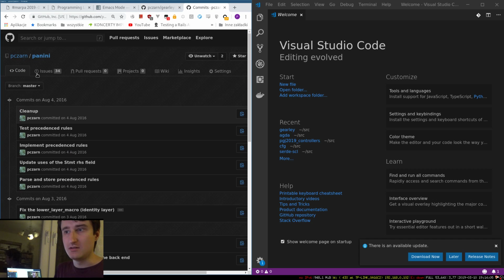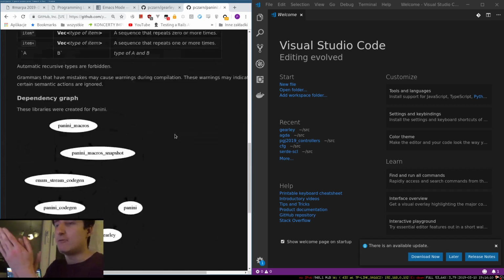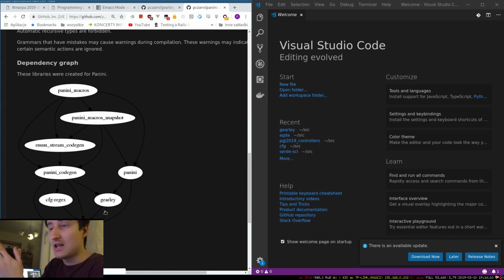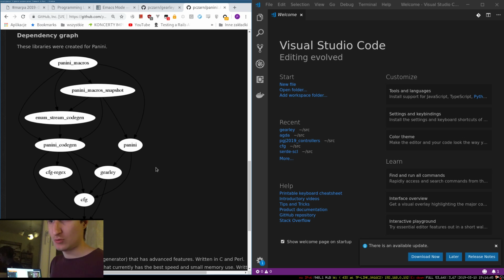What's next? This is not the only package here, because what I showed you right now was GRE, which is the engine, the main number crunching, data crunching thing, the runtime for a parser. But there's also the part that goes at compile time, because this is a parser generator, so it makes this data crunching thing that runs at runtime.